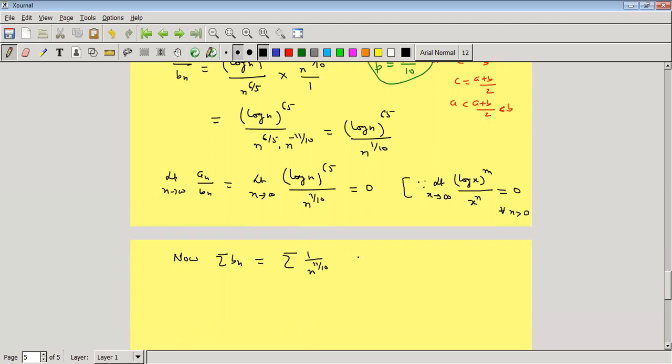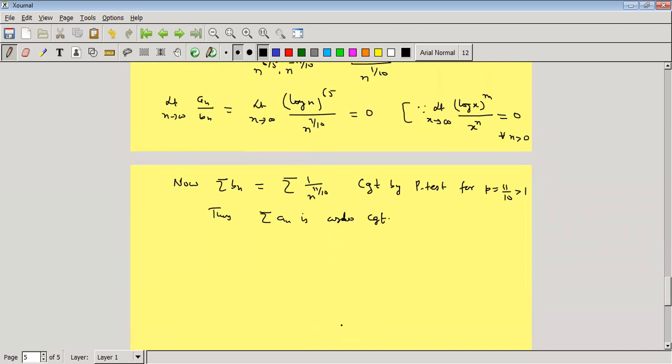So by the p test, it is convergent for p equal to 11/10, which is greater than 1. Thus, summation an is also convergent. Okay? The given series is convergent.